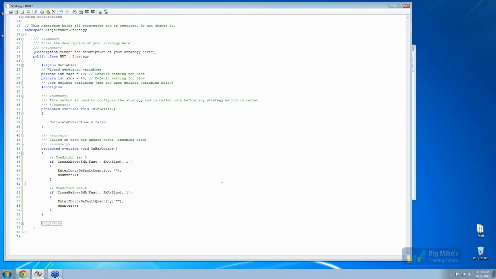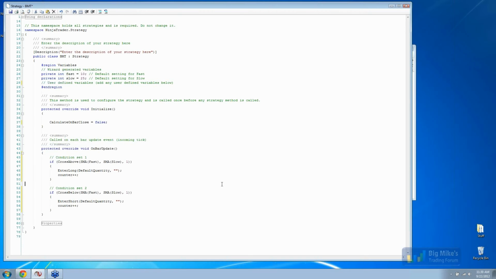So back on the code end here, let's say if my strategy has 3 consecutive losers, I'm going to try and stop my strategy from trading. To do that, what we want to do first is know how many trades in the current day we have.